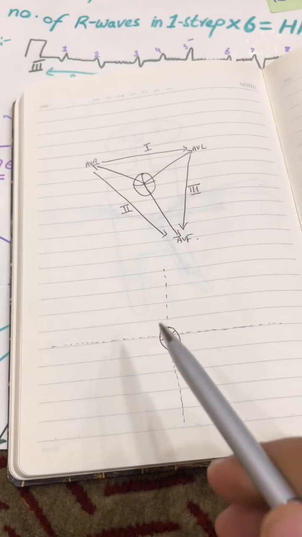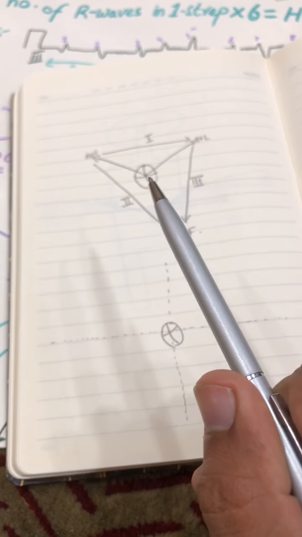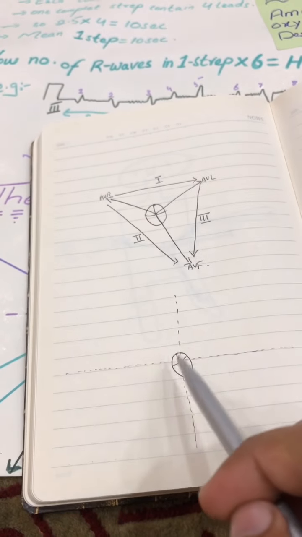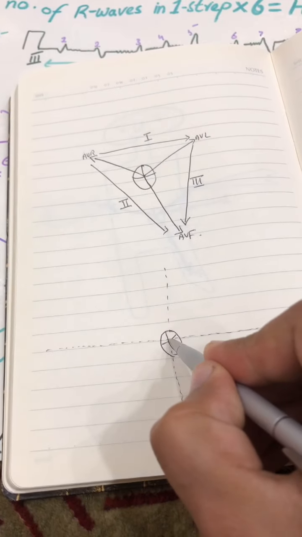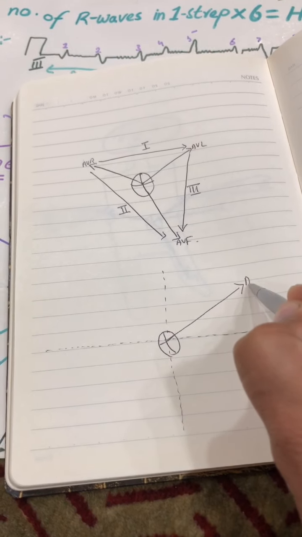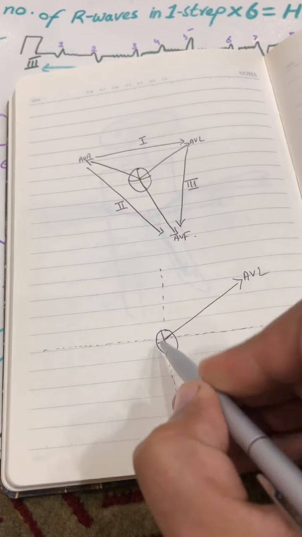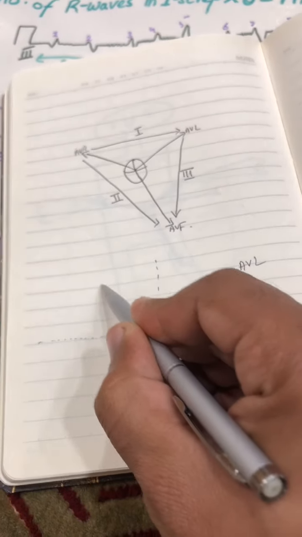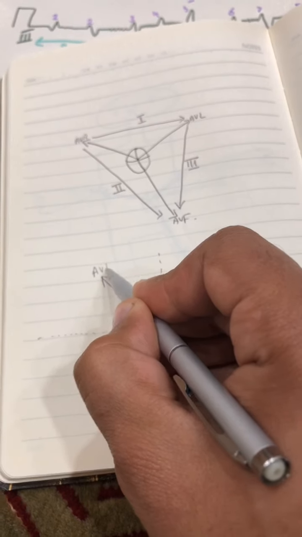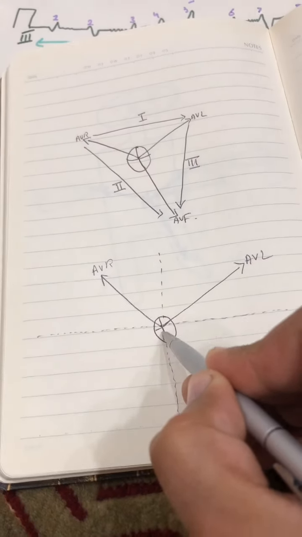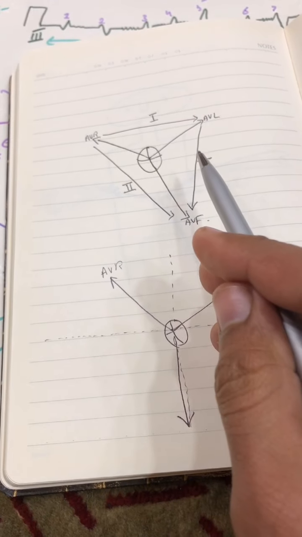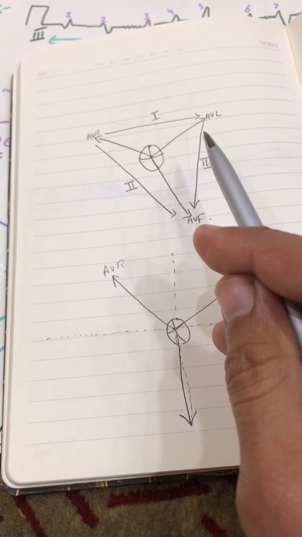See, we are going to draw one of the vectors. See, AVL. We're gonna put the tail of the AVL here, and draw it as it is in the above diagram. See, AVL. Same is the case with the AVF. Sorry, AVR and AVF.